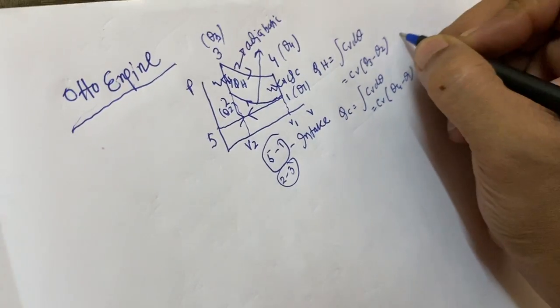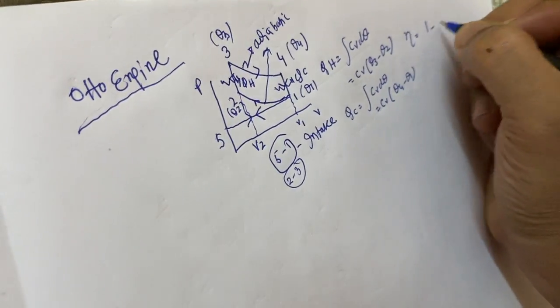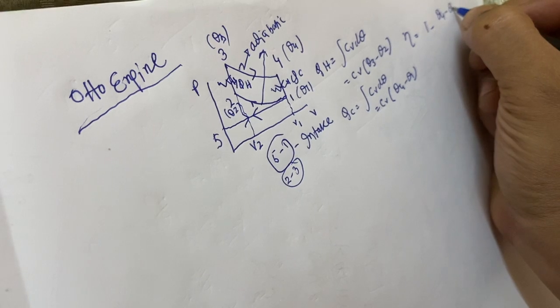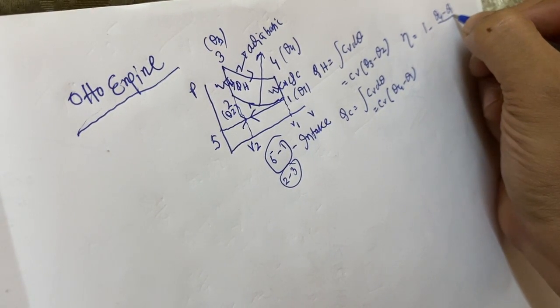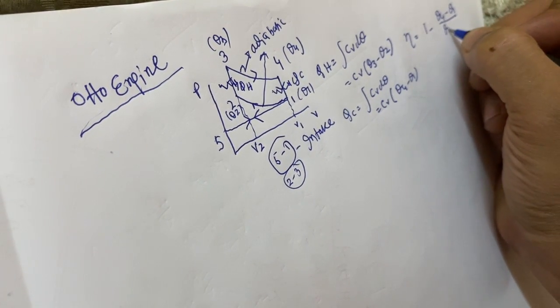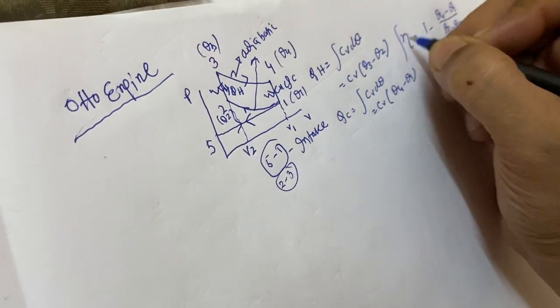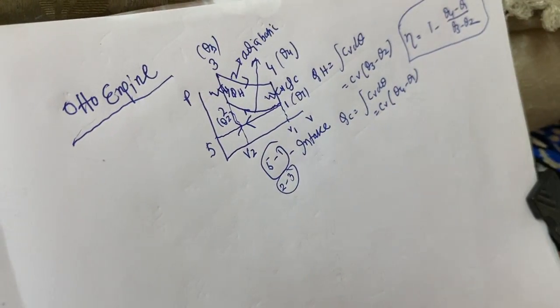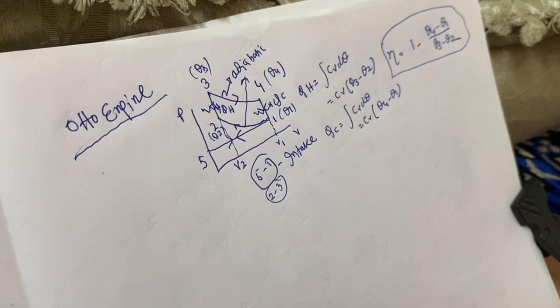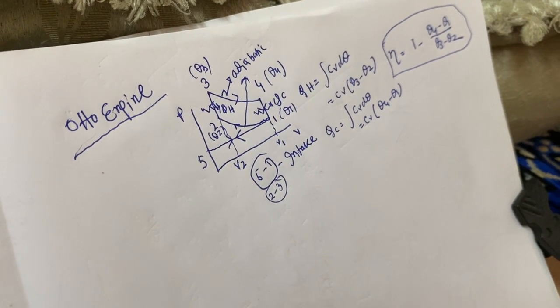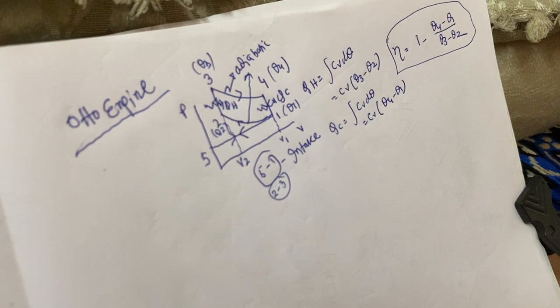So, the efficiency eta becomes 1 minus theta 4 minus theta 1 by theta 3 minus theta 2. But it is not actually possible to measure all the temperatures theta 1, theta 2, theta 3, theta 4.